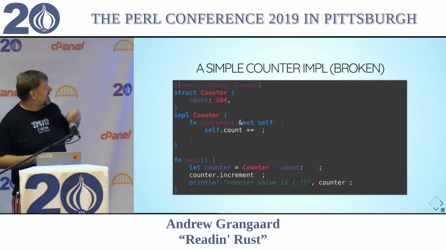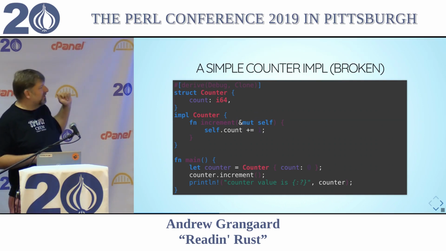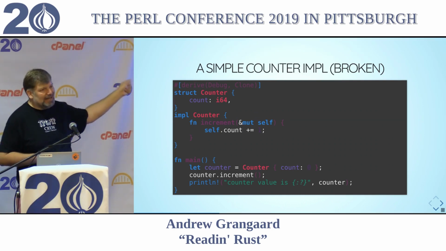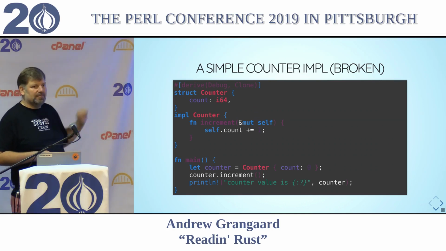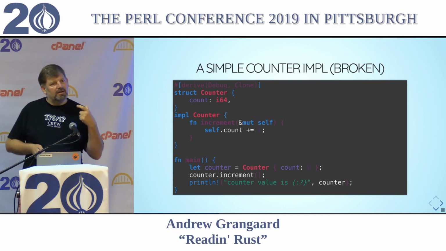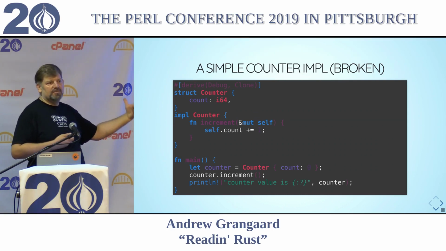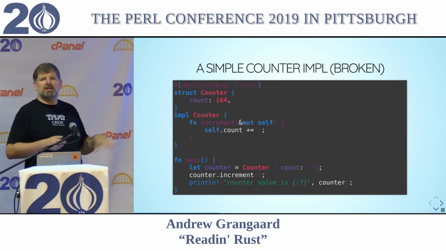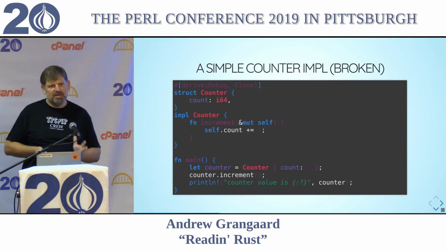So I define a struct Counter, like we did on the previous slide. Now I create an implementation for Counter, which is spelled impl. And then inside of that, I create functions where my first element is self, which is the struct. So these become the methods on the struct. If you want to squint your eyes and pretend that it's an object a little bit.